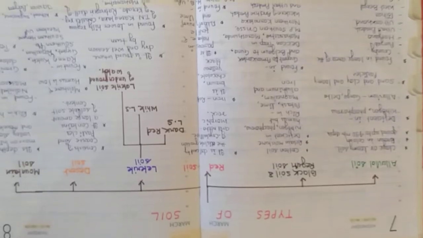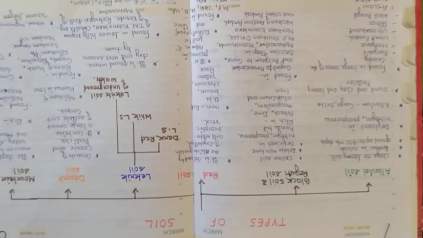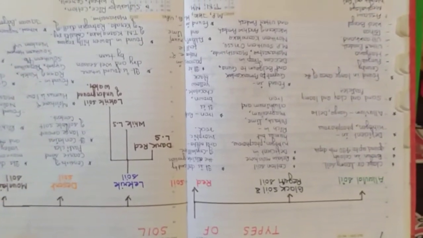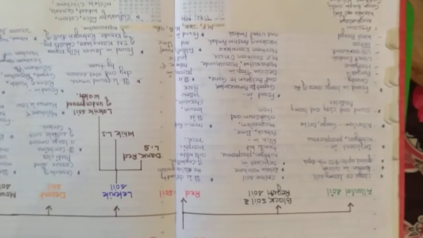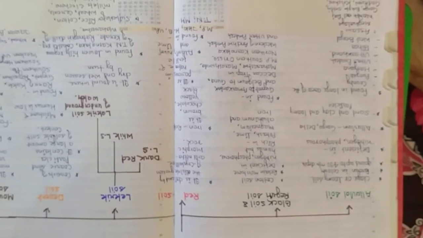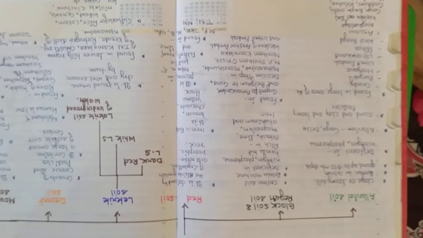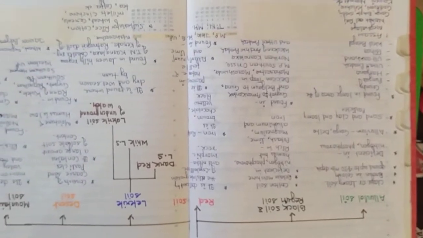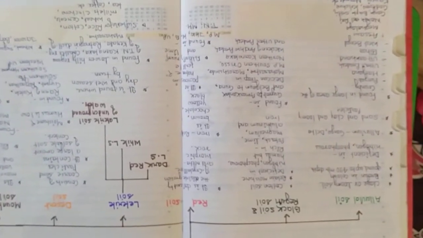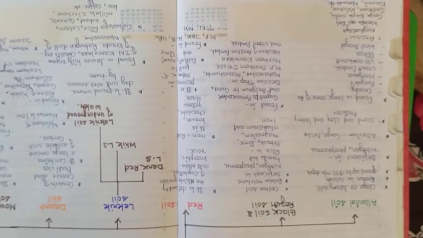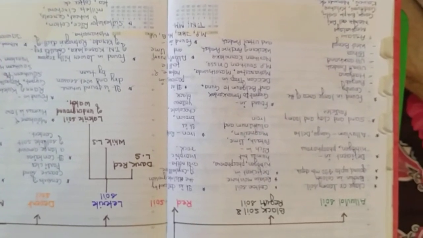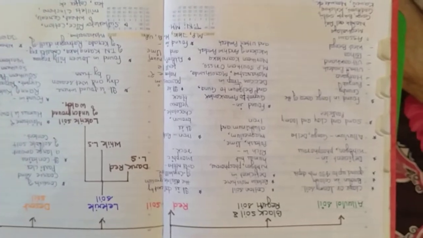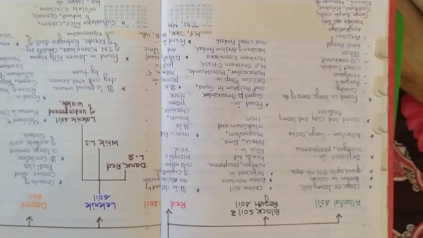So you have understood that there are 6 types of soil. First one is alluvial soil, black soil, red soil, laterite soil, desert soil, mountain soil. Speak with me. First one is what? Alluvial soil. Very good. Second one is black soil. It is also known as regur soil and cotton soil. Very good. Third one is red soil.